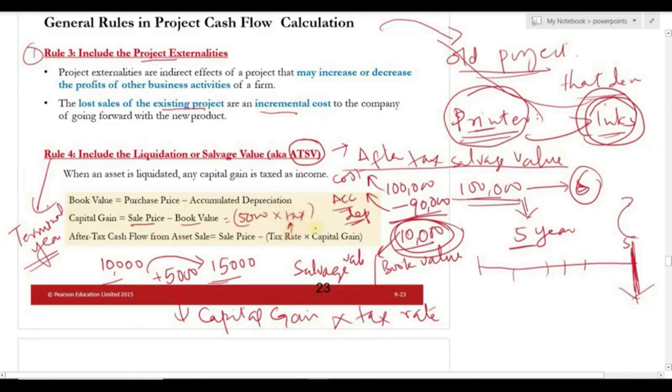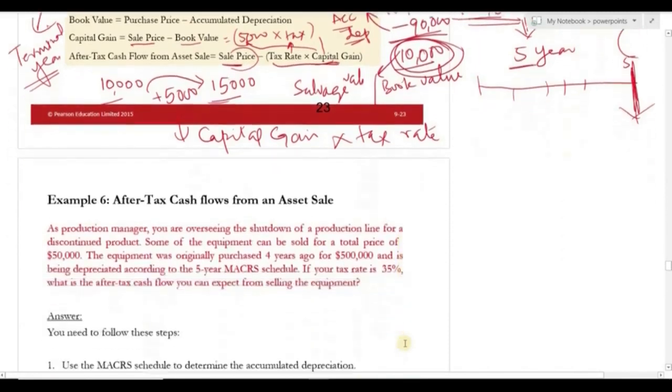So sale price minus book value; the capital gain multiplied by the tax rate, you reduce this one. After that you get the after tax cash flow from the sale of the asset. Okay, so let's see the example first, then we will easily understand.